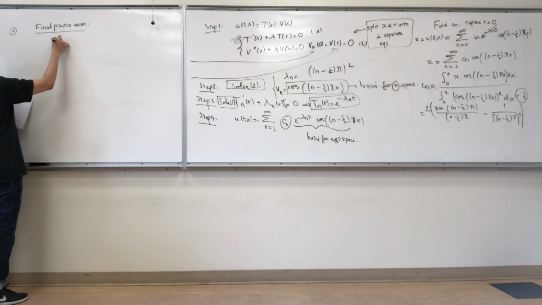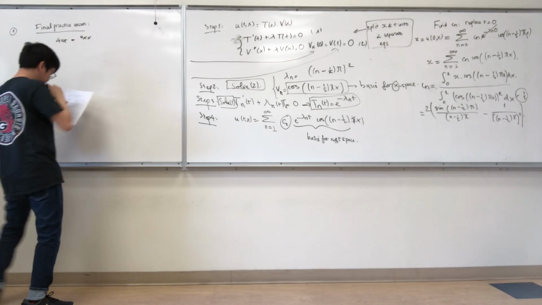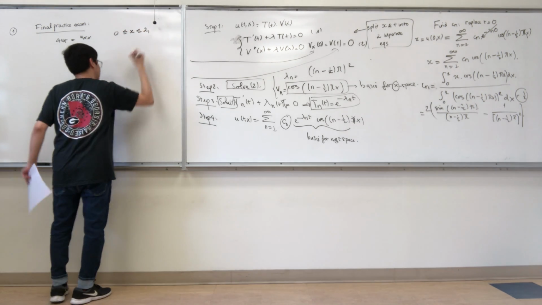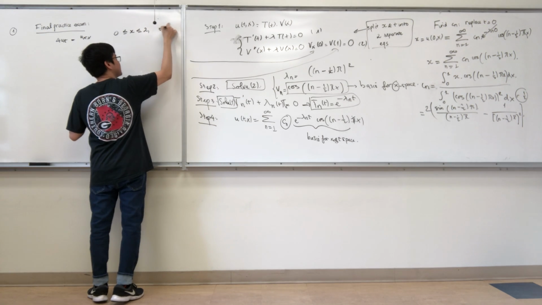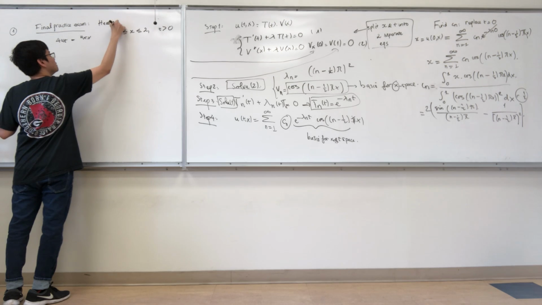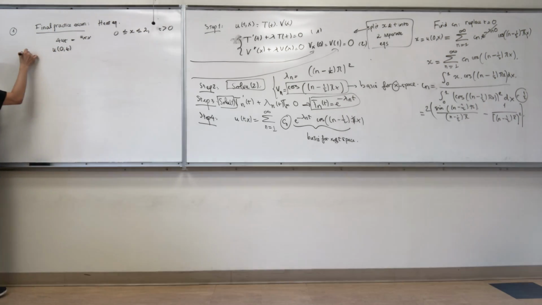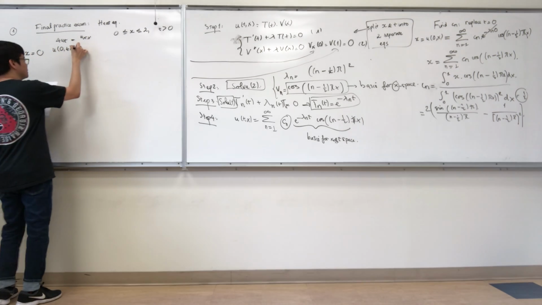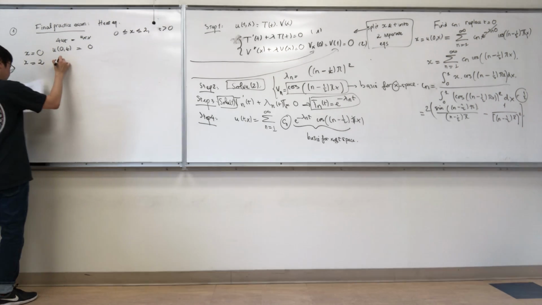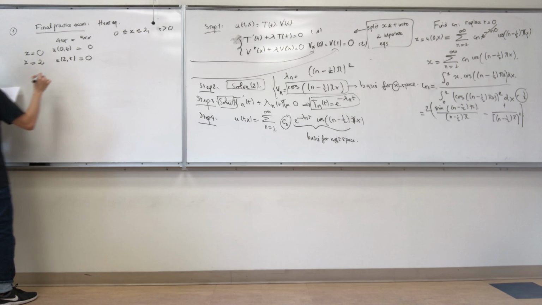Final practice exam: you have u_t = u_xx, 0 < x < 2, t > 0. So this is the heat equation. You have u(0,t) = 0, so this is x equal to 0. When x is equal to 2, you have u(2,t) = 0.